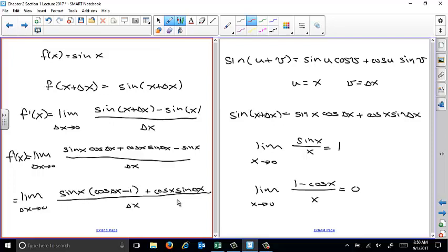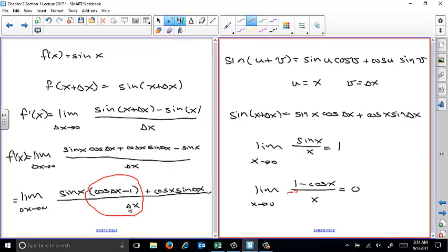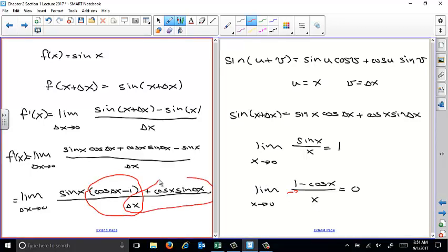And what you can see is that this is basically the sine of delta x over delta x, so I can use the earlier result for that part of it.